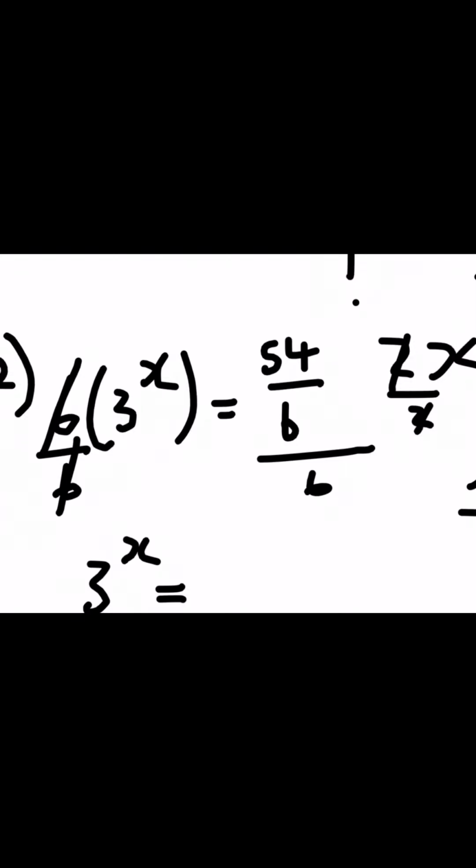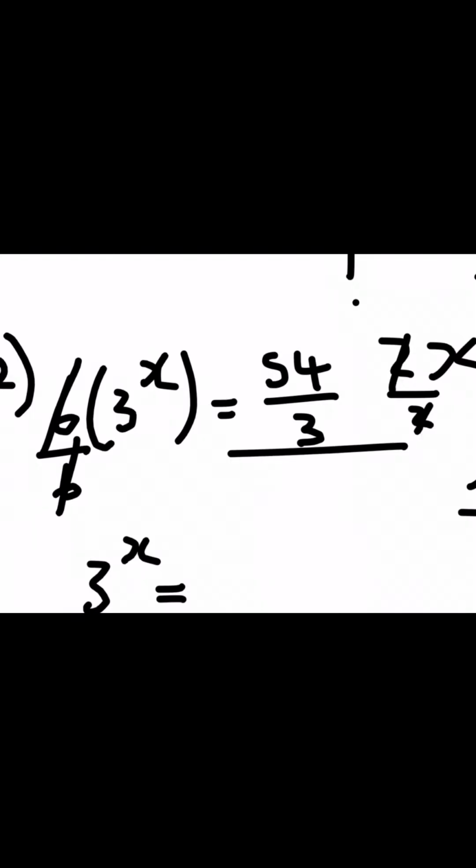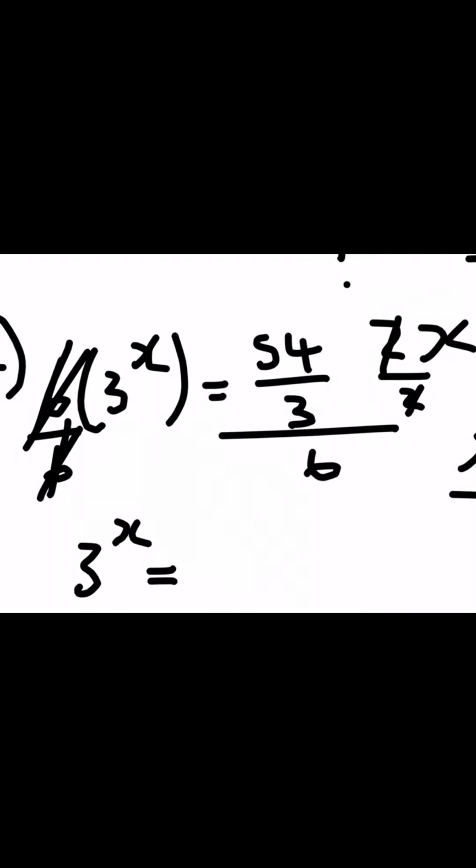So I will just need to erase that and that, and then say 54 over 3. So that means it is the one that I divide by that 6 that is going to cancel on that side. Yes. When you say 54 over 3 and you divide it by 6, it gives you 3.